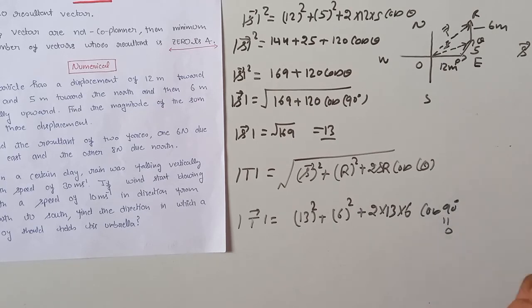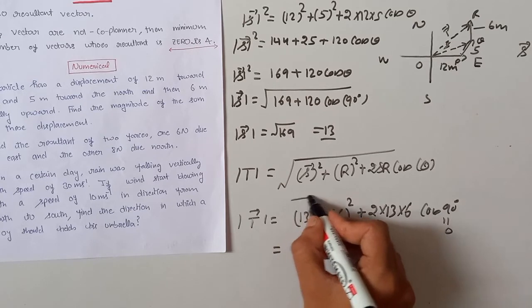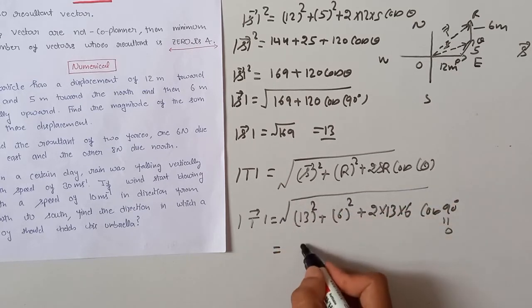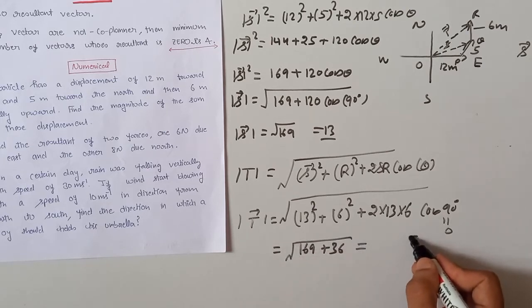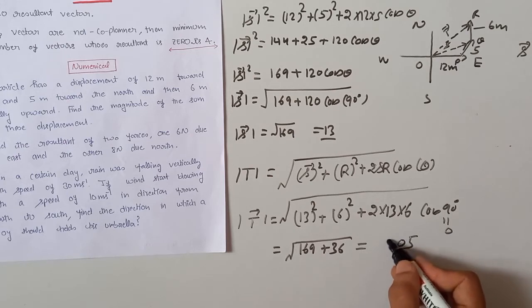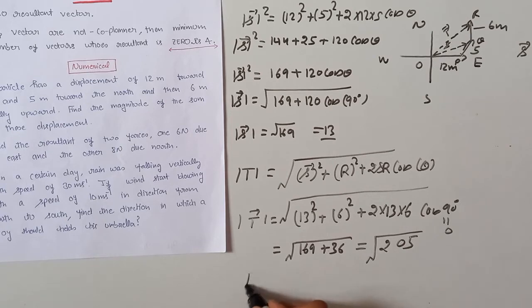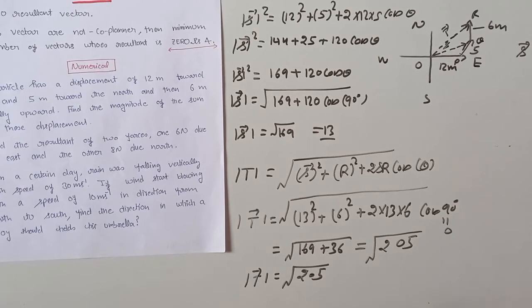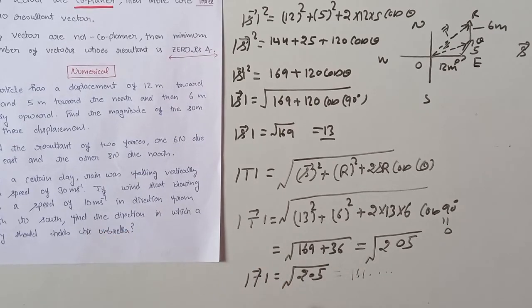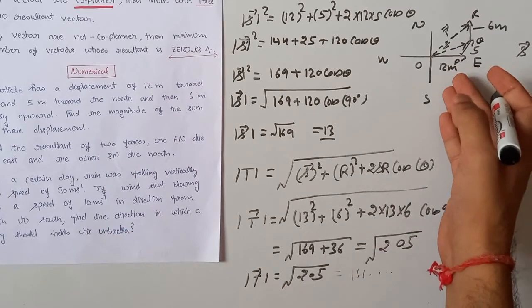Cos 90 is 0, so under the root we have 169 plus 36, which is the square root of 205. This vector T is equal to root 205, approximately 14 point something. This is the final magnitude of the sum of the displacements 12, 5 and 6 meter.